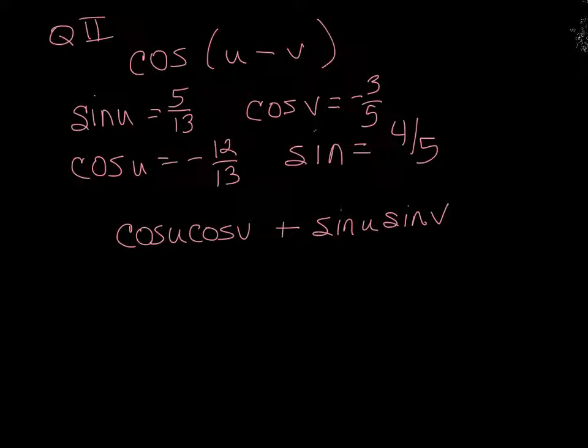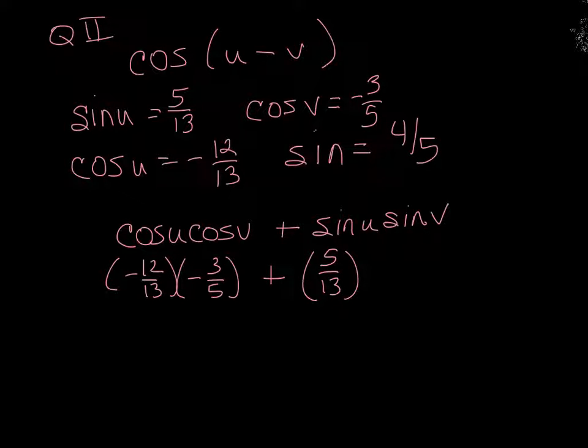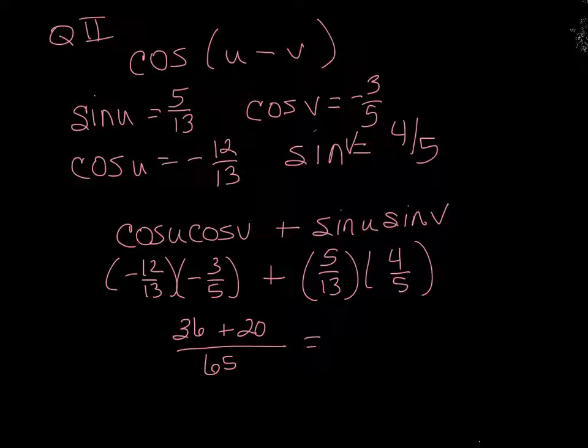So we're going to have negative 12/13 times negative 3/5 plus the sine of u is 5/13 times the sine of v, which is 4/5. Now it's just a matter of multiplying and adding. 36, we're going to have the same denominator, plus 20 is 56/65.